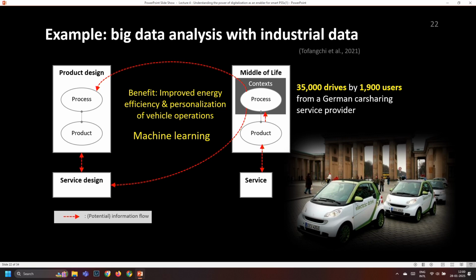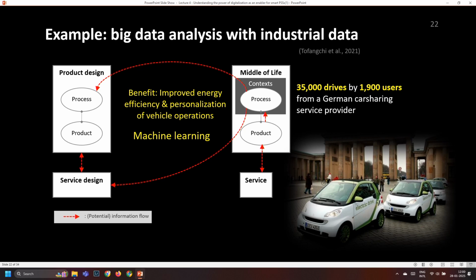They looked into the data set coming from the car sharing service in Germany. They looked into 35,000 drives by about 2,000 users, and it's a potentially very good data source, no?